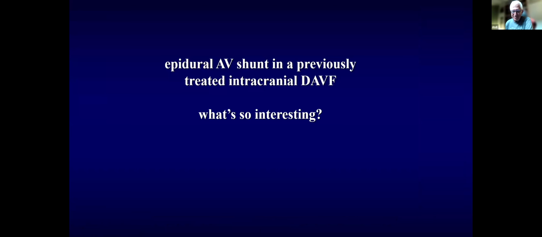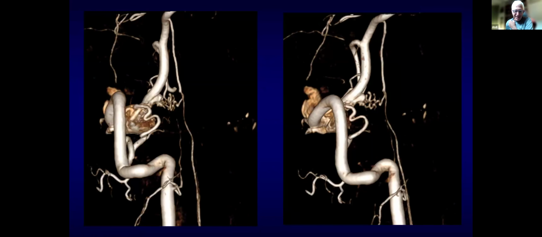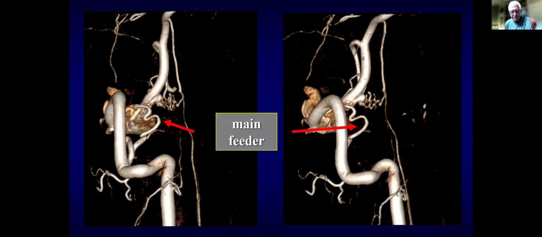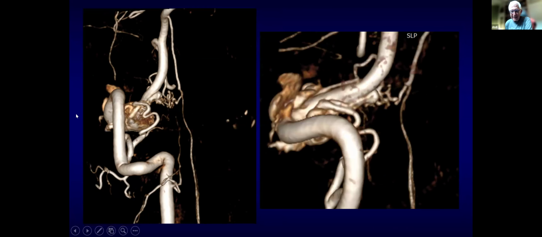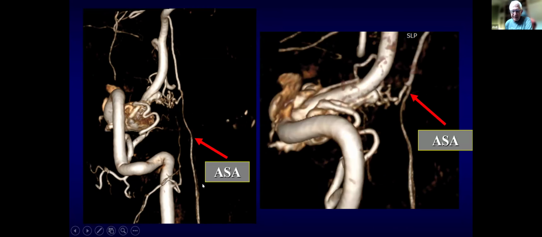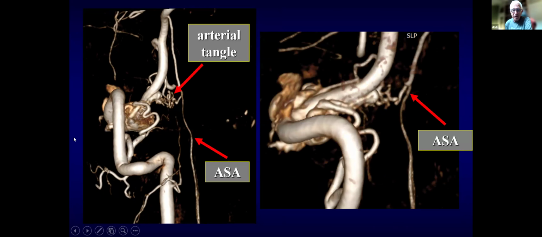What's so interesting? 2 points, maybe 3. So this is the 3D reconstruction, and you can see the main feeder to the epidural fistula, but then you can also see the anterior spinal artery and an arterial tangle from the anterior spinal artery that goes into or towards the fistula.